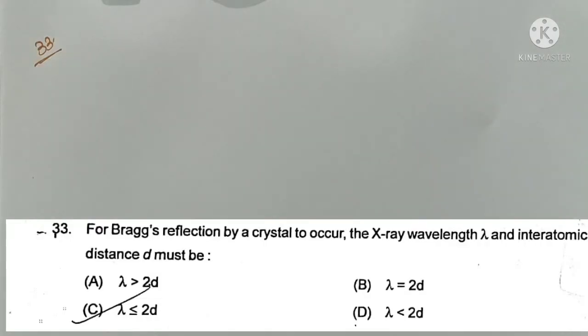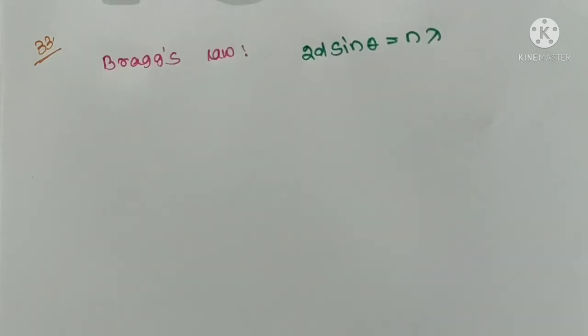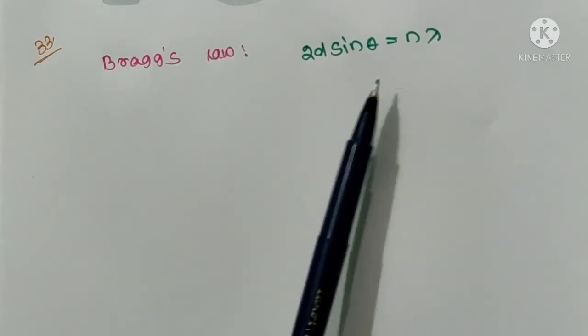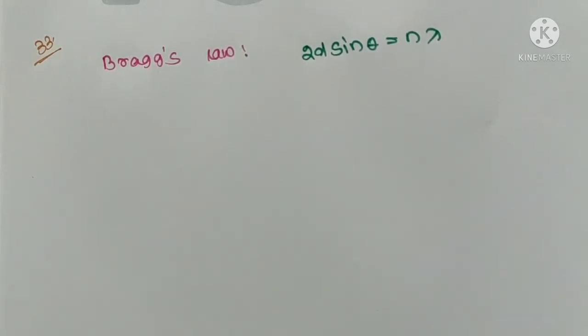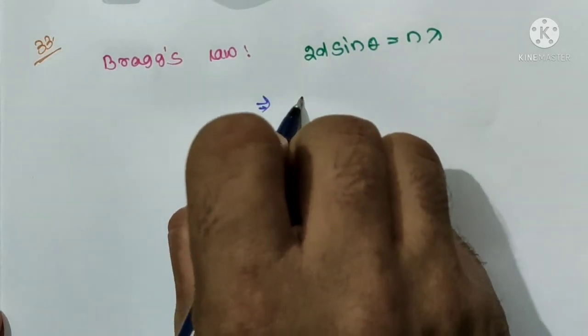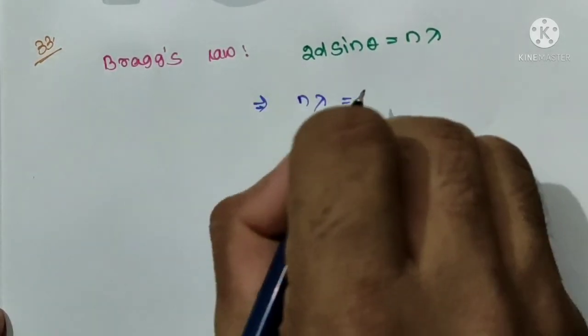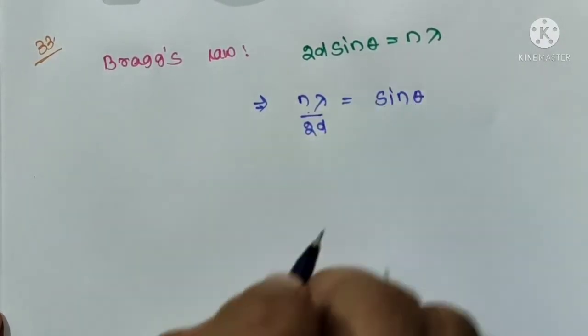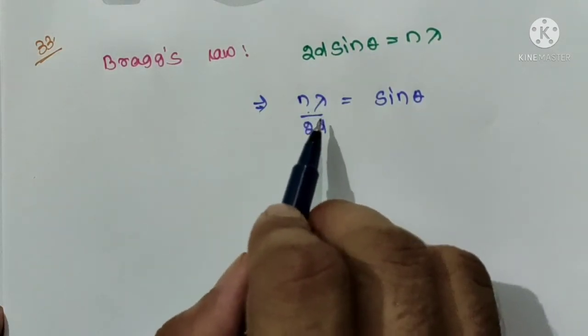Question number 33. For Bragg's reflection by a crystal to occur, the X-ray wavelength lambda and interatomic distance d must be. From Bragg's law, we know that 2d sin theta equals n lambda. Now we have to define a relation between lambda and d for Bragg's reflection to occur. From this equation, we can write n lambda by 2d equals sin theta, and to define the relation we take n equal to 1.